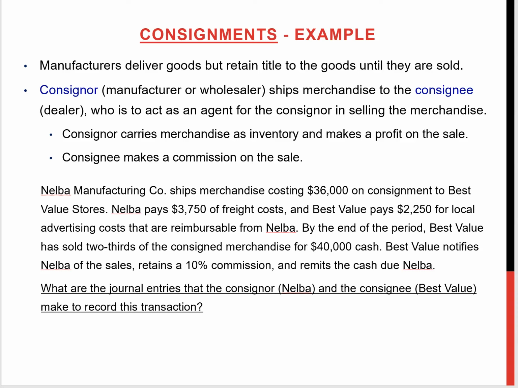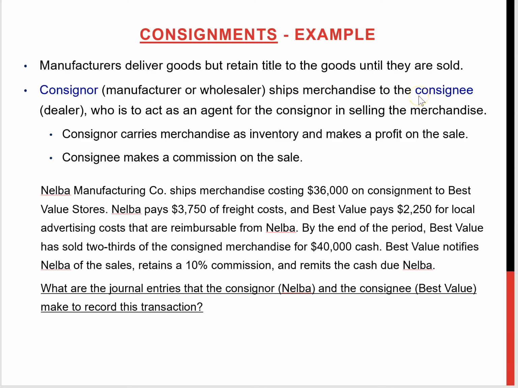But physically, the products are transferred to a third party, which we call the consignee, who will sell the products. So there is a relationship between the consignor and consignee, and you can say that it's kind of a principal-agent relationship. Consignor means the manufacturer who is manufacturing the products, or in some cases it could be the wholesaler.